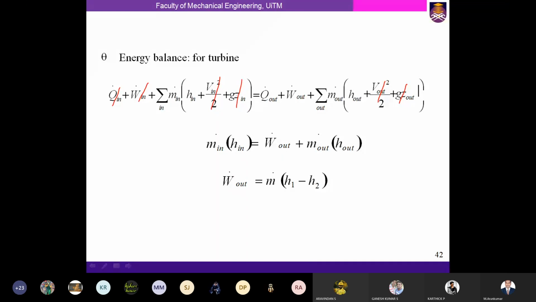So M dot in into H in equals W dot out plus M dot out into H out.